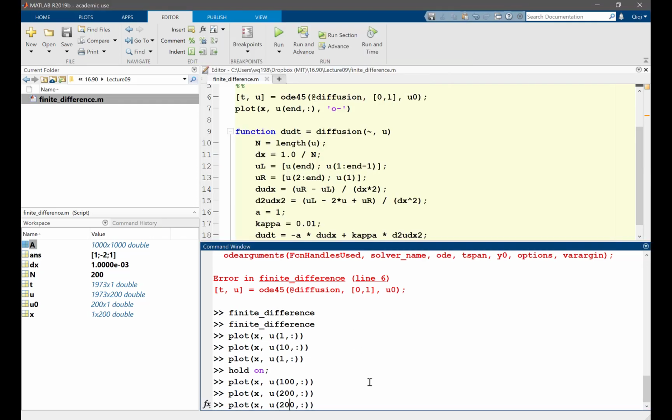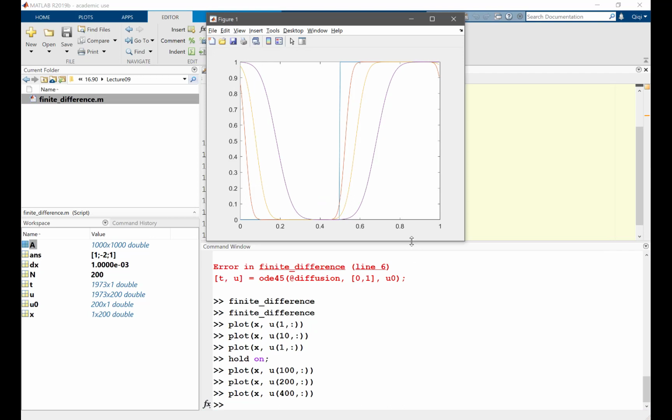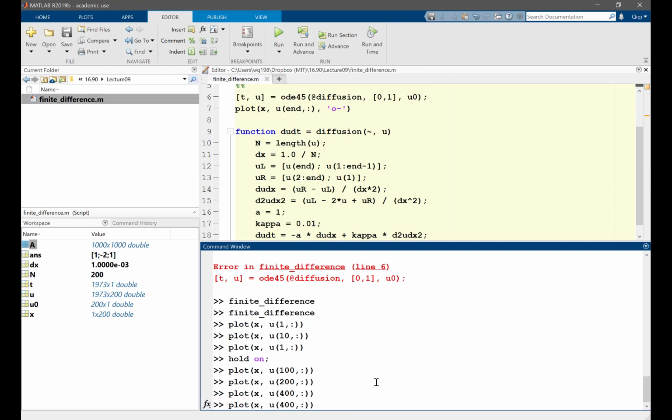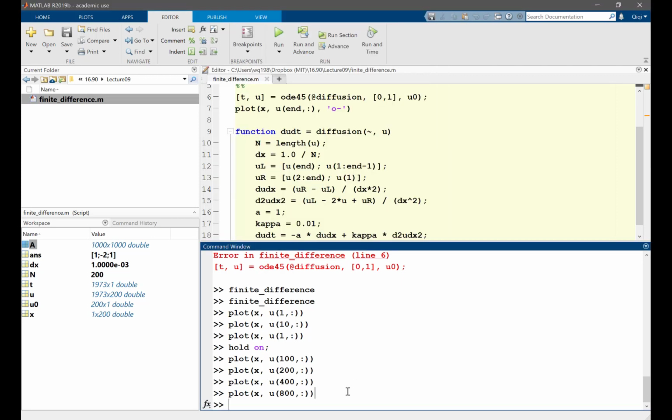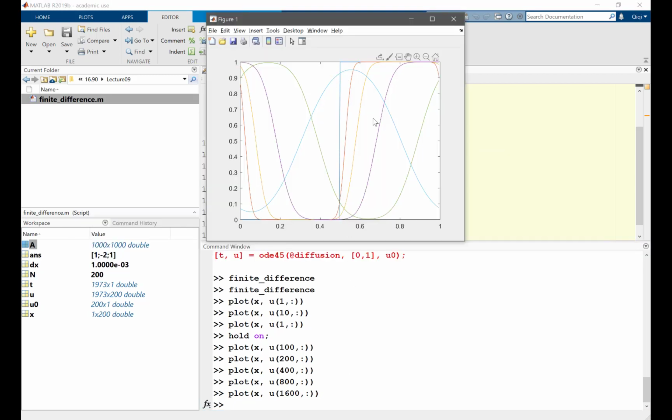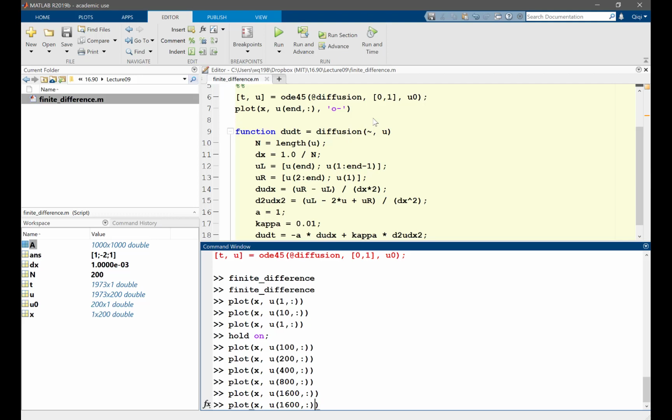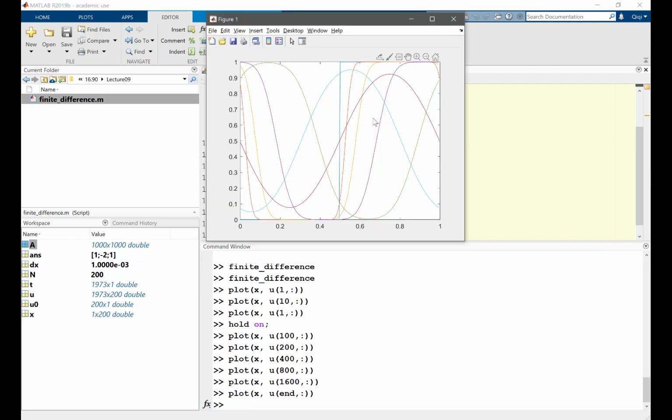Let's look at 400, moving towards the right even more and diffused even more. If we look at 800, now it's the green line that's moved almost over half of the domain and diffused even more. So at the end, let's look at 1600. Now it's the blue line, right? The amplitude is decreased, and at the very end, it's this brown line over here.